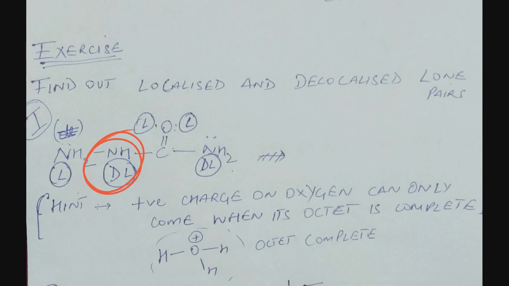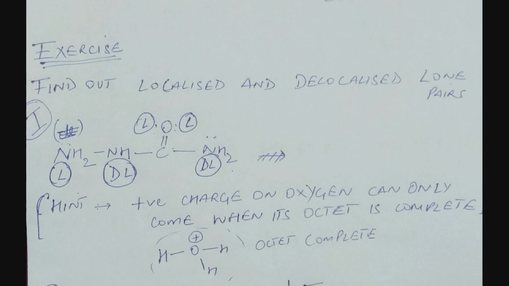This lone pair on nitrogen will definitely be in resonance because there is a nitrogen single bond and double bond. Now these both will be localized, because if I shift this lone pair to this single bond, then there will be positive charge on oxygen, and this oxygen will have an incomplete octet, and this is also obviously that delocalized charge.